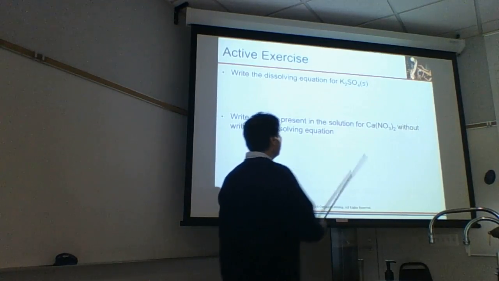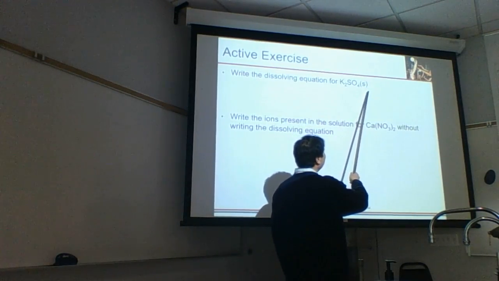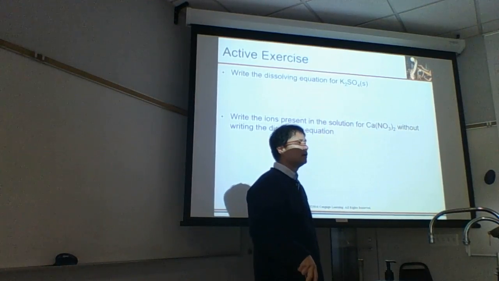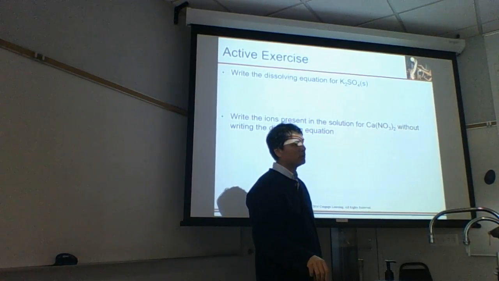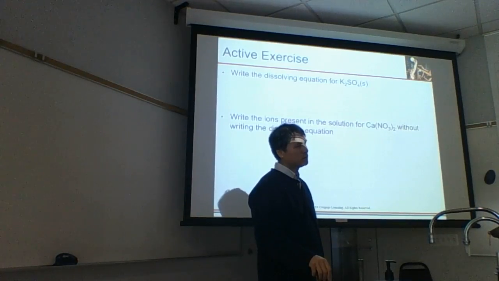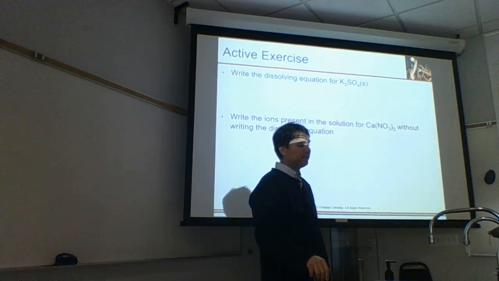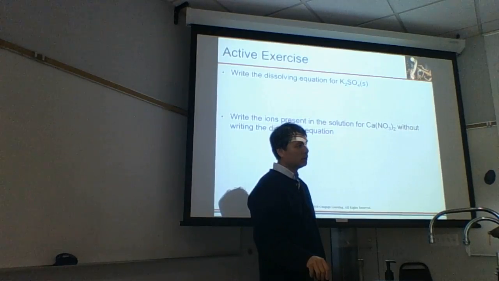And so this forms K2SO4 aqueous. Then after I look at solubility, I look at electrolyte properties. I know it dissolves, but I ask myself this: does it dissociate completely, partially, or not at all? What would you say?